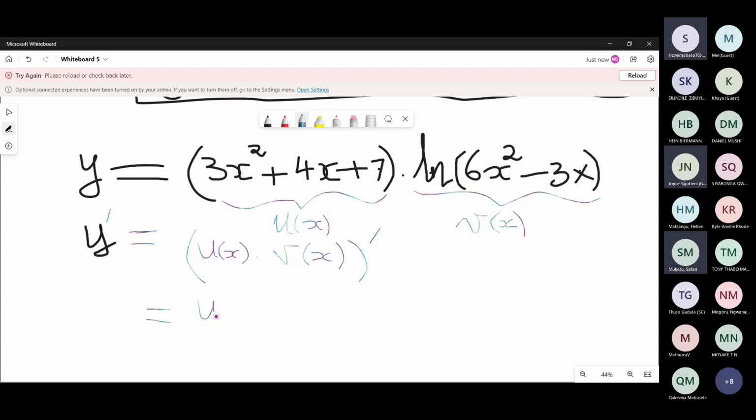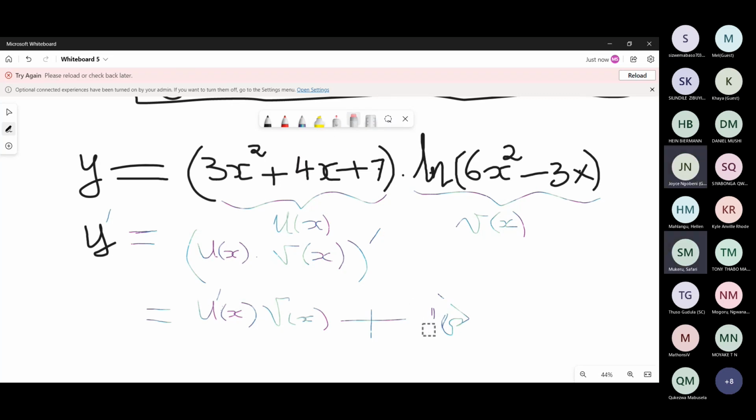Yes, y prime is u prime of x multiplied by v of x, plus u(x) multiplied by v prime of x. Yes, very good. That is it.